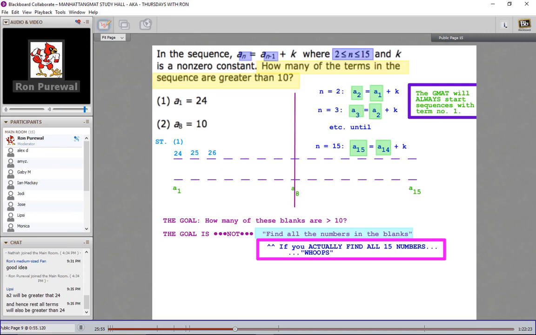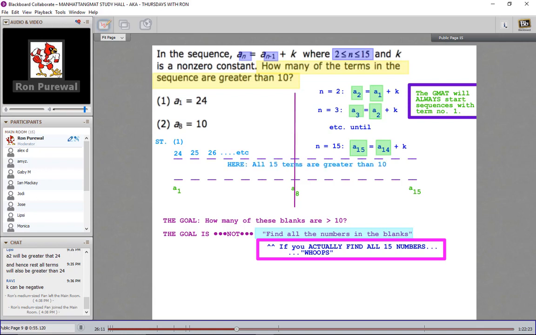Okay. In this sequence, everybody's going to be greater than 10 because everything is more than 24. So in this sequence, all 15 terms are greater than 10. Now the goal, when you come up with specific cases, is always to try to make 2 different things happen.